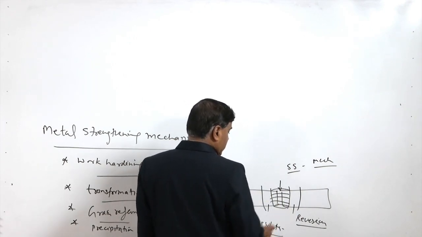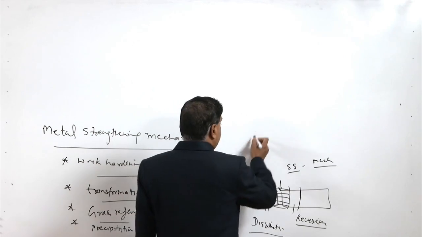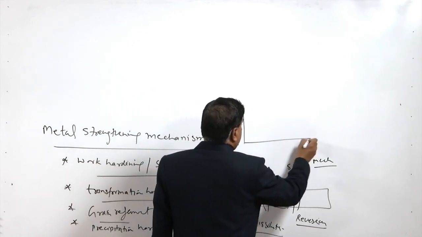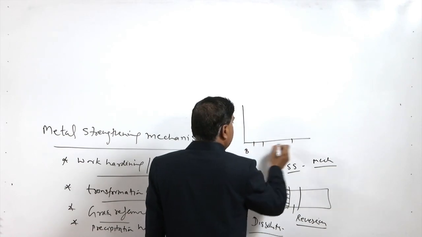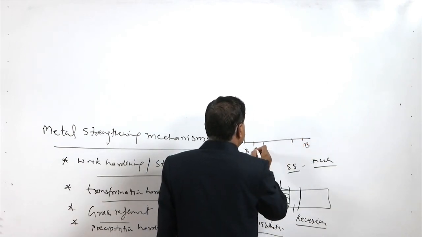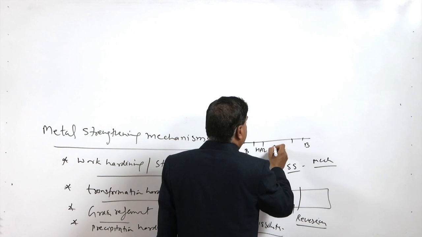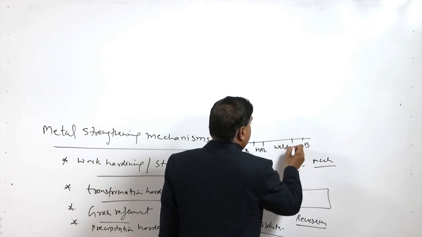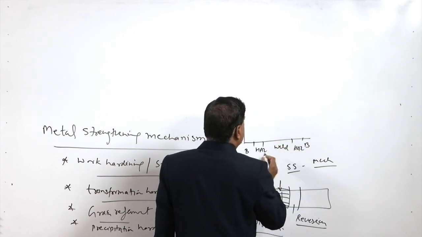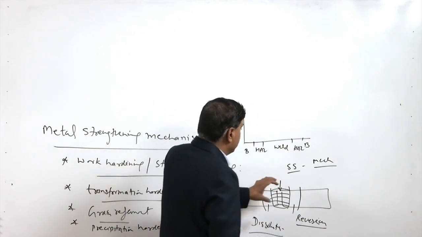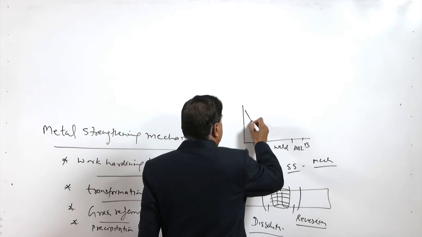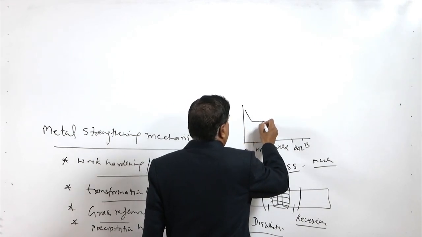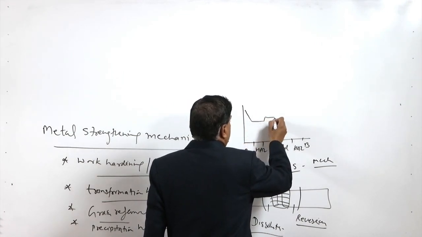In all those locations where such reversions take place, we will find a significant loss of strength. If we plot the hardness, this side is base metal, this side is base metal, this is the heat affected zone, and this is the weld. Depending upon the precipitation in the weld region, we may find behavior of this kind.